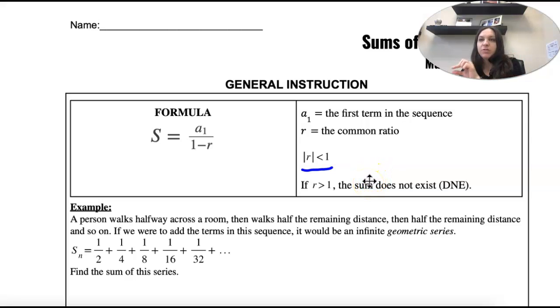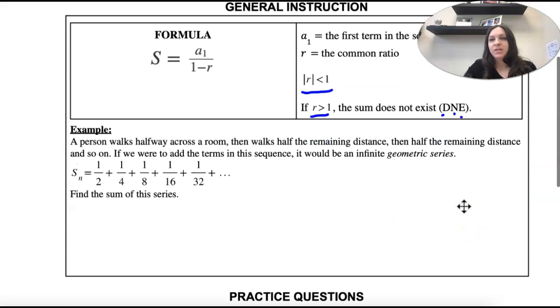And that's why we can find the sum, because eventually the numbers get so small that we're just approaching one number and we can add up what it should be. So if the ratio is greater than 1, we cannot add an infinite series and the sum does not exist. You'll see D and E in your practice.